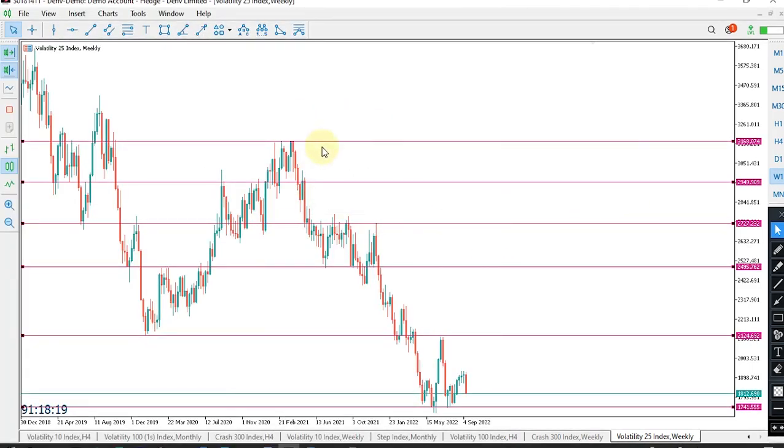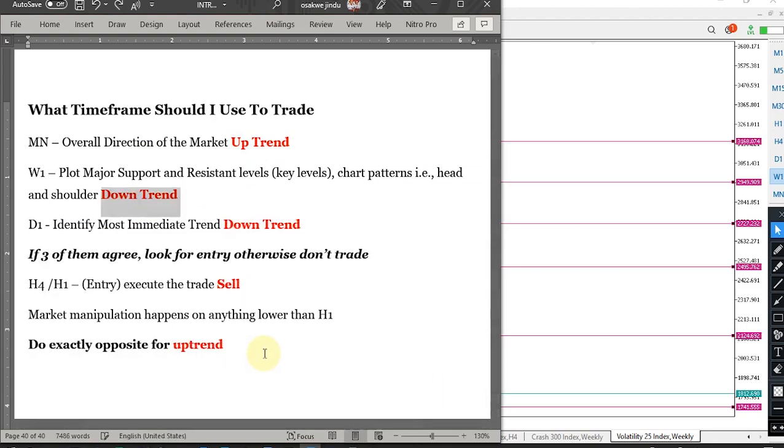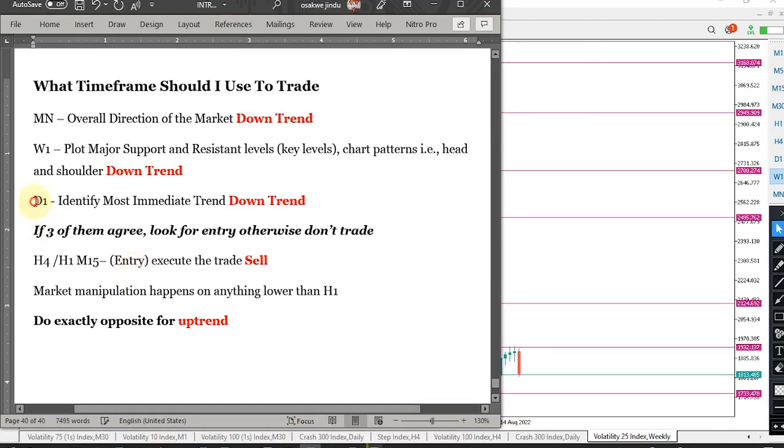Before we forget, this is a downtrend, so everything here we have to treat as a downtrend. So we'll move over to D1, the daily time frame.